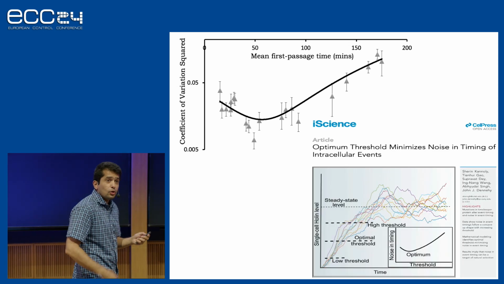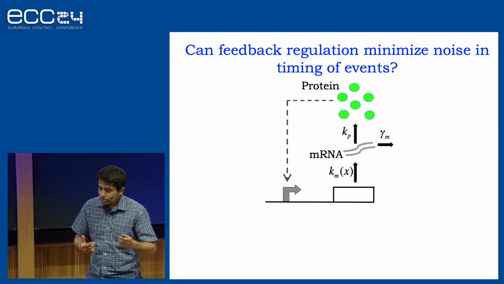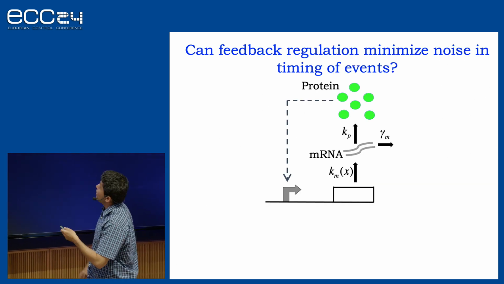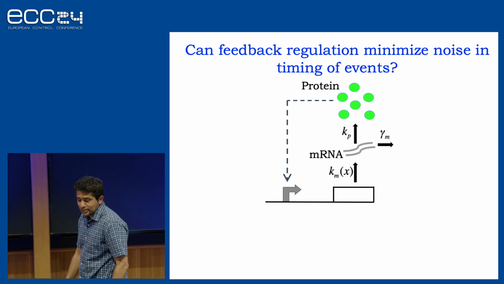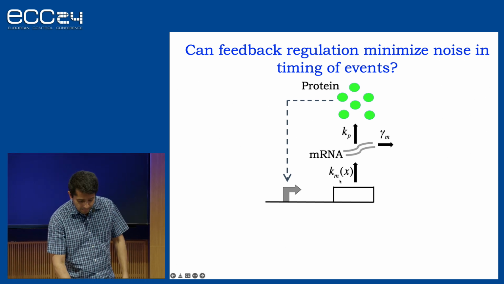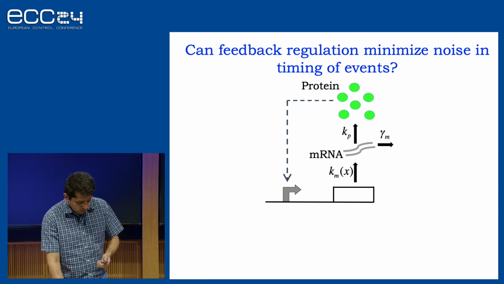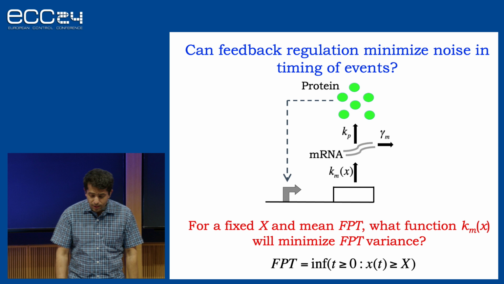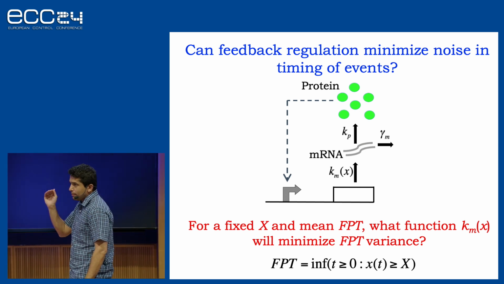The next thing is to introduce feedback control. The basic idea of feedback control, which is the simplest idea, is that your transcription rate depends on the protein level. In the previous case, it was constant. And now, what's the optimal way to design a feedback to have the most precise timing?